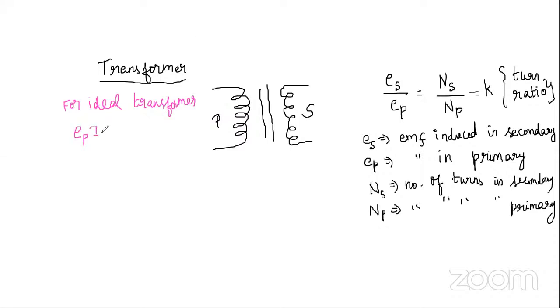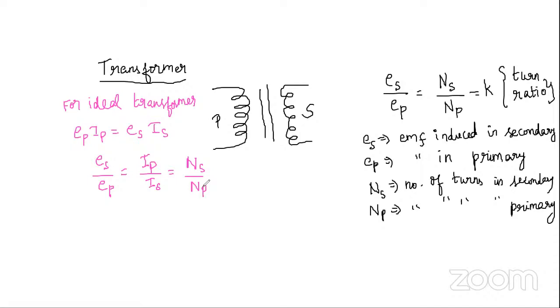So EP IP is equal to ES IS. This is the expression for an ideal transformer. So ES by EP equals IP by IS, and this is equal to NS by NP. These are the important equations. You should solve the numerical problems based on these equations.